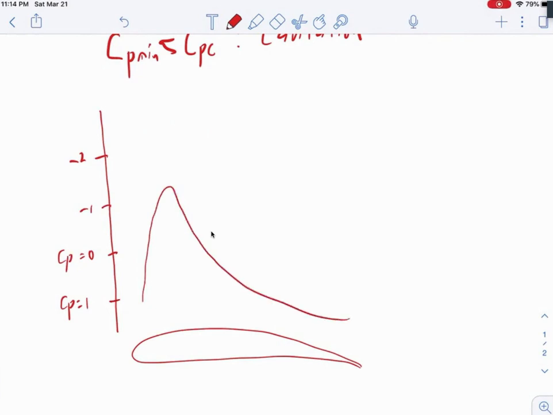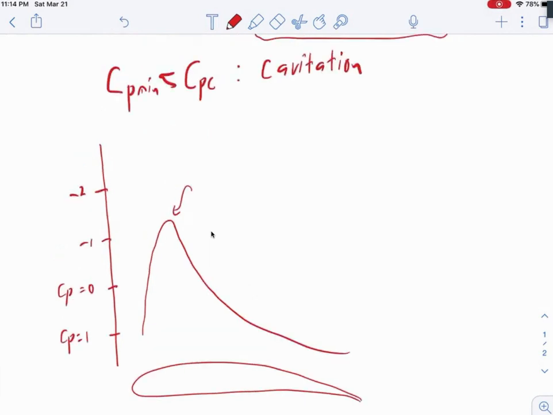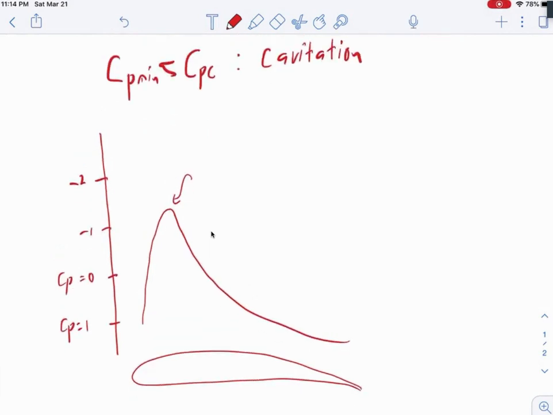So we can see that the lowest pressure achieved anywhere on this foil is typically somewhere towards the leading edge on the upper surface. And here I'm seeing a value of something like minus 1.5. Now this critical pressure coefficient, again, depends on the speed of the foil, the depth of the foil, and the vapor pressure. So that's just a number.